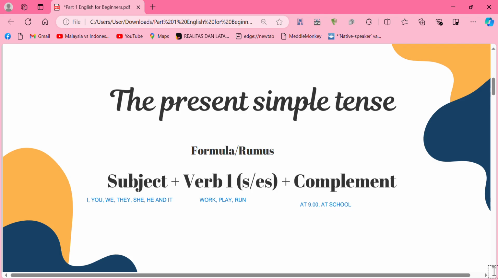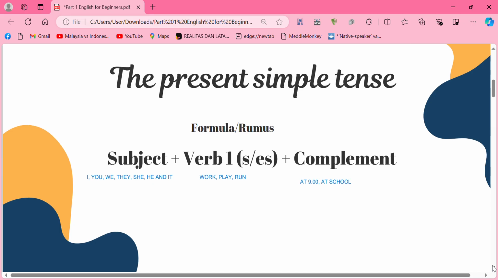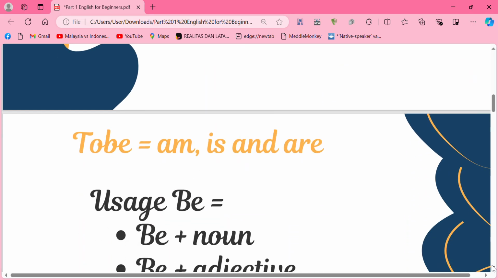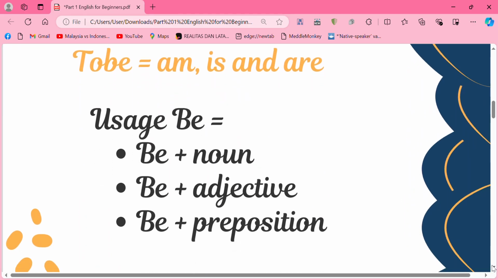Okay, let's move on to the next. Alright. To be sama dengan ya, to be ya. To be atau verb ada am, is, and are. Usage be ya. Usage be atau penggunaan be, to be ya.